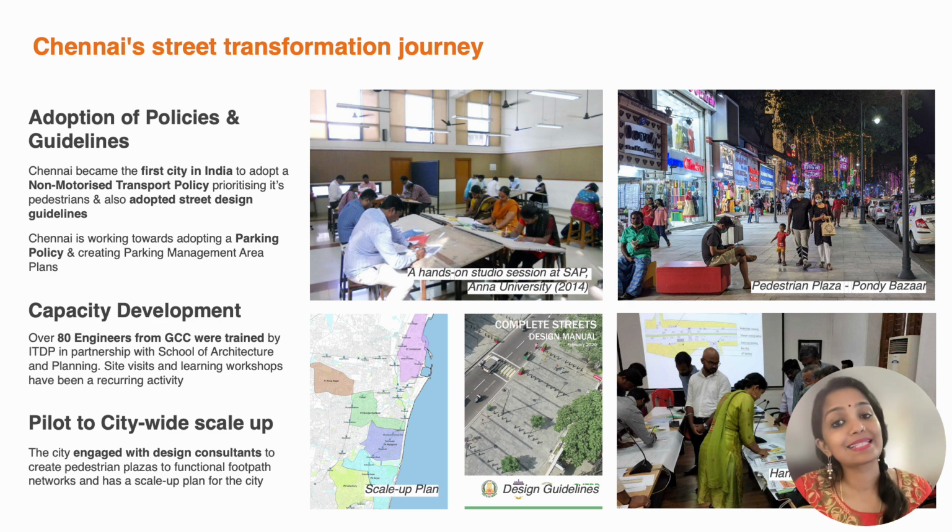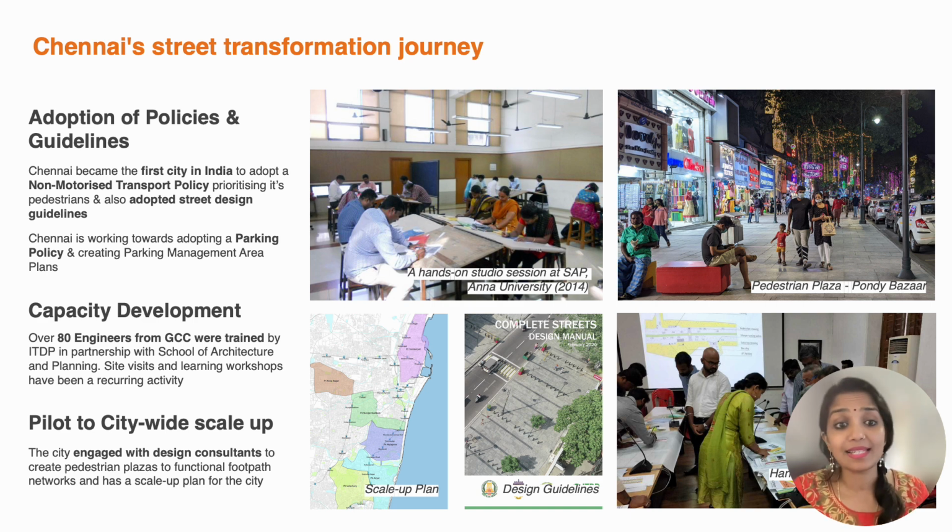Chennai, for example, started its journey by transforming 20 streets in the city. But to ensure that this is a long process towards its end goal, the city became the first city in the country to adopt a non-motorized transport policy in 2014.